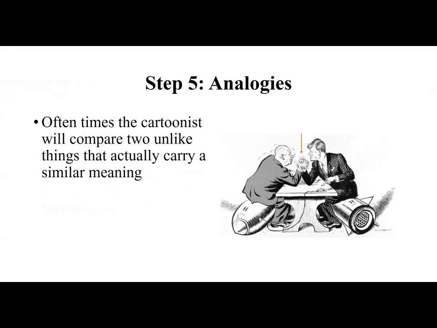Step five, analogies. Oftentimes the cartoonist will compare two unlike things that actually carry a similar meaning. So here we see that both men are interlocked intensely in a battle of arm wrestle. It's simple enough, you can identify that. But if you know what's going on during this period, it's the Soviet Union versus the United States, and more so democracy versus communism.